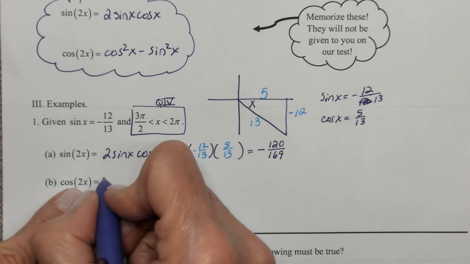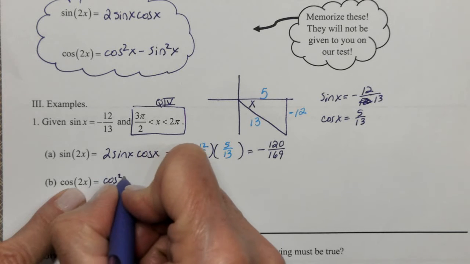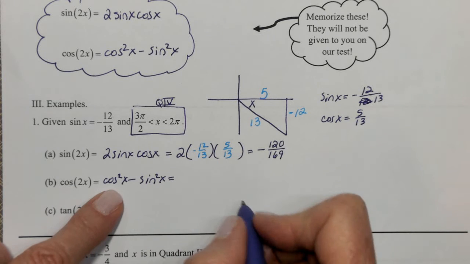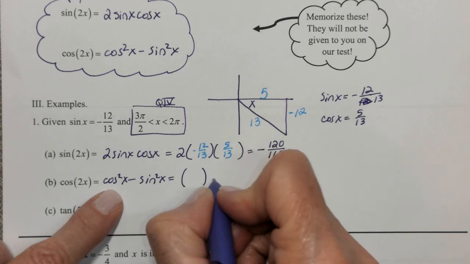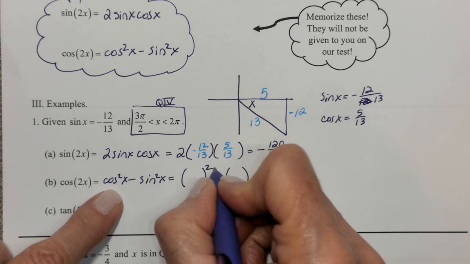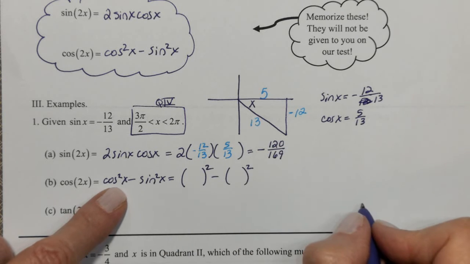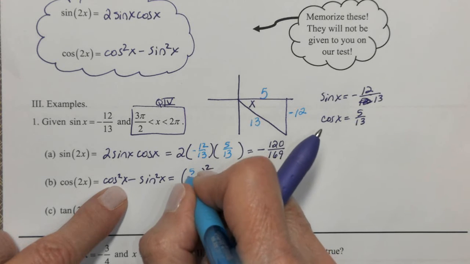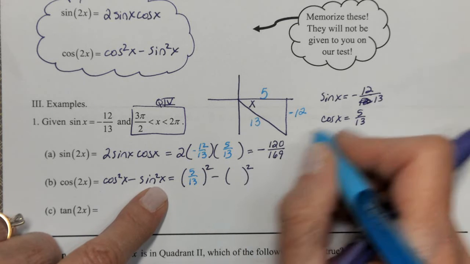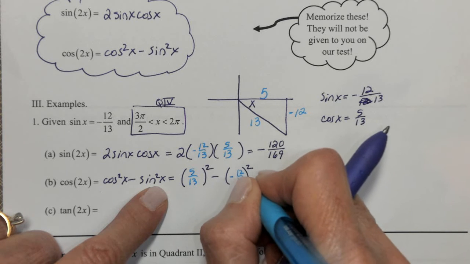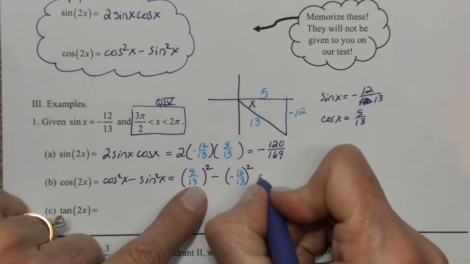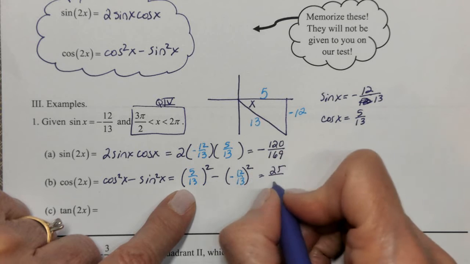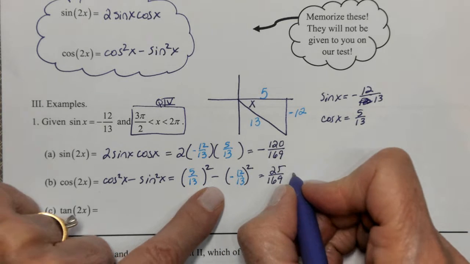Cosine of 2x is cosine squared x minus sine squared x. Cosine of x is 5 over 13. Sine of x is negative 12 over 13. 5 squared is 25. 13 squared is 169.